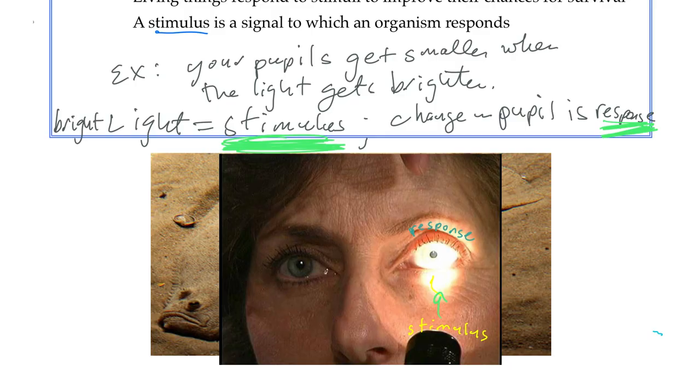It's important that an organism can react to its environment for survival, to find its food, to find its mate, to escape from predators.